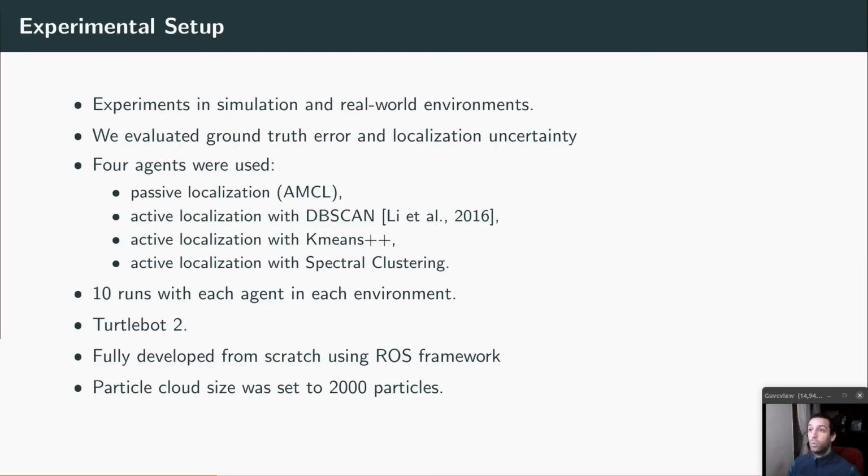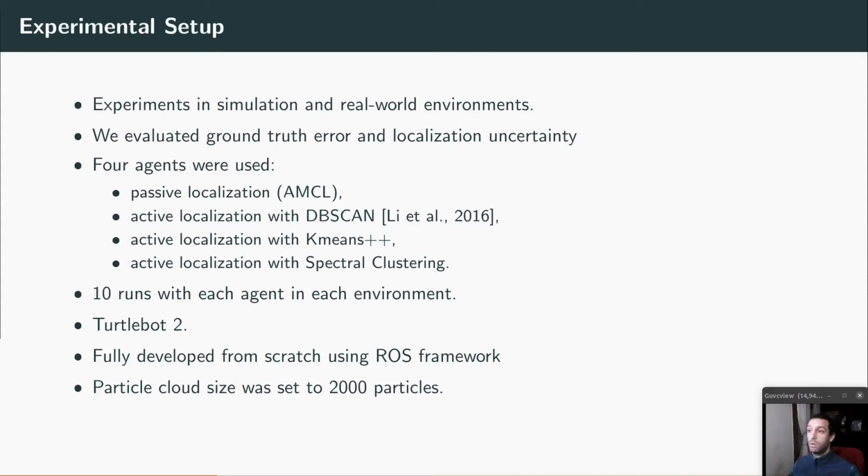Well, we did experiments in simulation and in the real world. We evaluated ground truth and localization uncertainty. Four agents were used: passive localization, which is Monte Carlo localization; active localization using the scan clustering algorithm; active localization with K-means++; and active localization with spectral clustering.